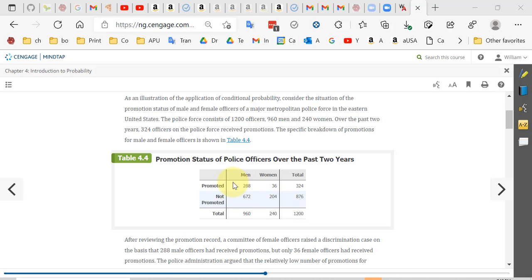So the sample space is all the people. We choose one person at random, and then whatever these columns and rows mean, this is like an event. The event that we get a man, the event that we get a woman. So we have all of the people, and then the men is just a subset.